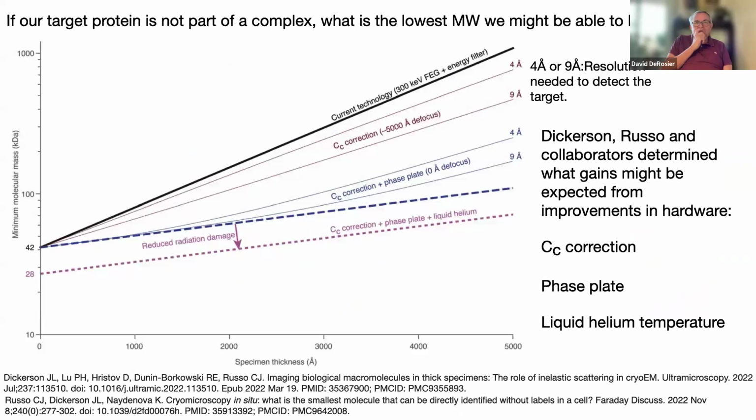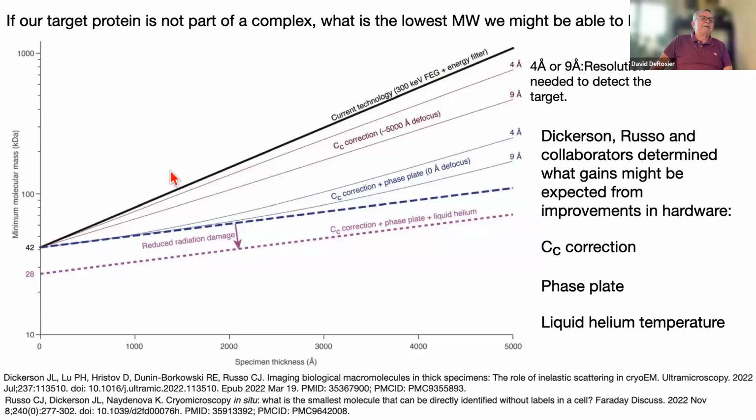Now, what is the bottom line for using template matching? Here's work from Dickerson and Chris Russo's group at the MRC, from one of their papers. This is the current technology, 300 keV plus an energy filter.